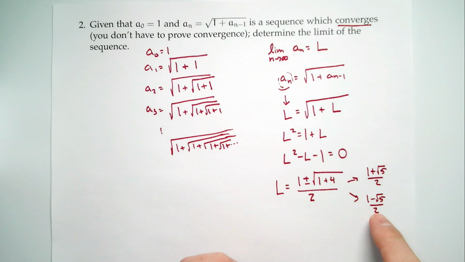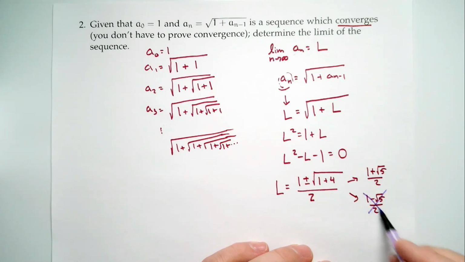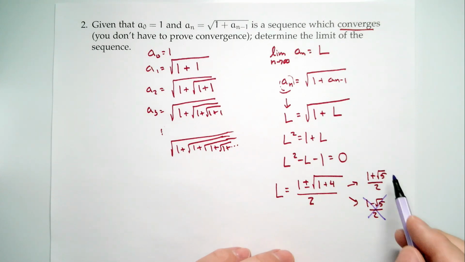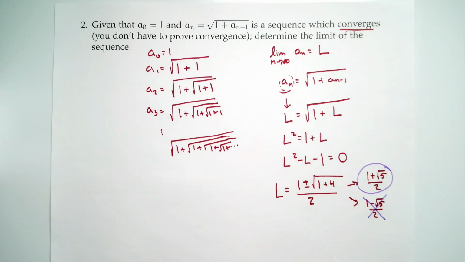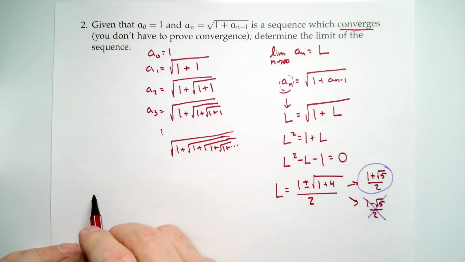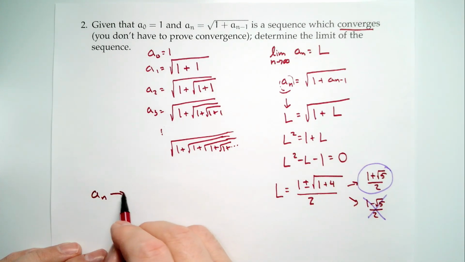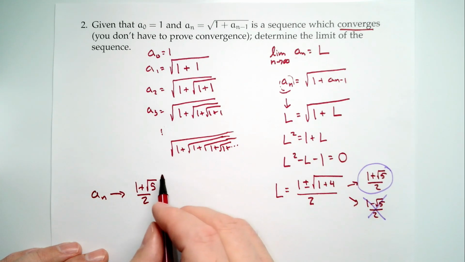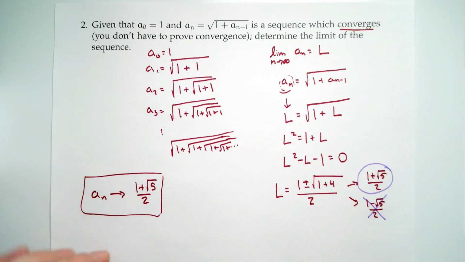Look at this one, 1 minus root 5. How is root 5 compared to 1? The answer is root 5 is bigger than 1. So this number is negative. That can't happen. So, by process of elimination, that's our answer. So what we have is that a sub n converges to 1 plus the square root of 5 over 2. All right, good.